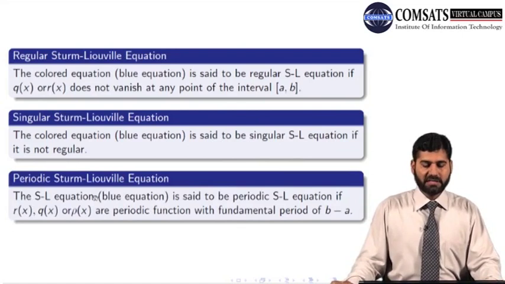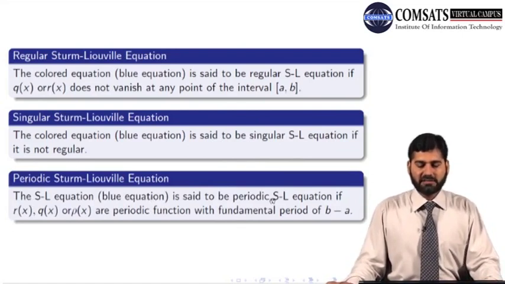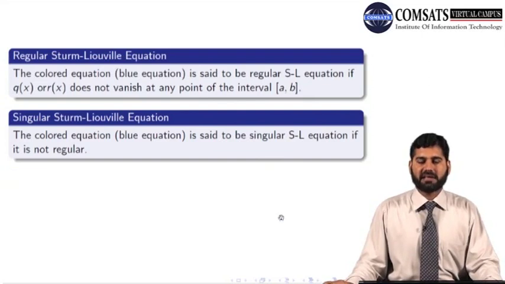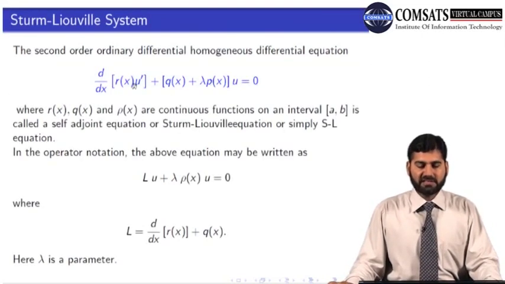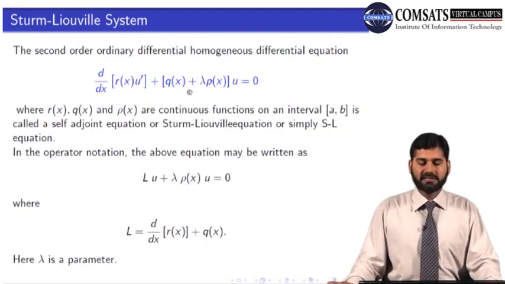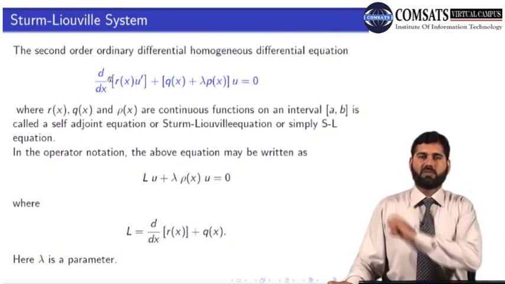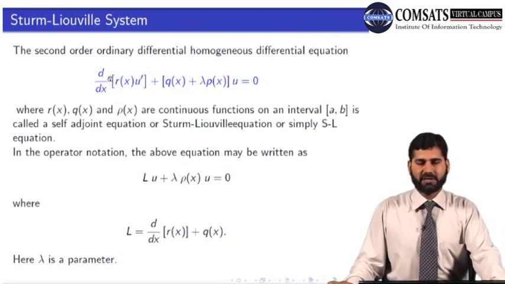The equation will be called periodic if r(x), q(x) and p(x) are periodic functions with fundamental period b minus a. If all these functions p(x), q(x) and r(x) are periodic functions, then we call this equation a periodic SL equation.